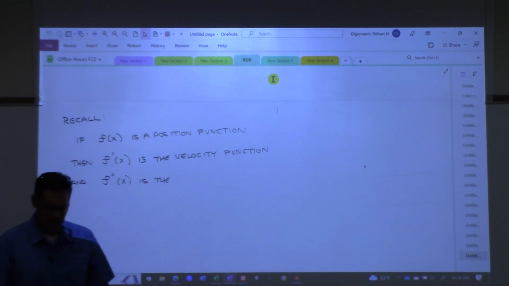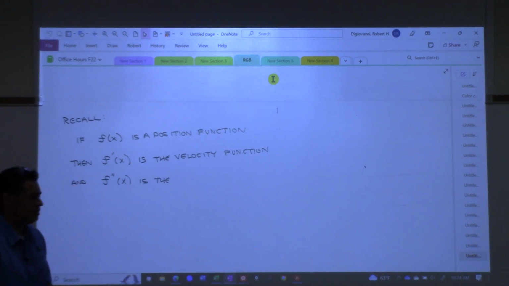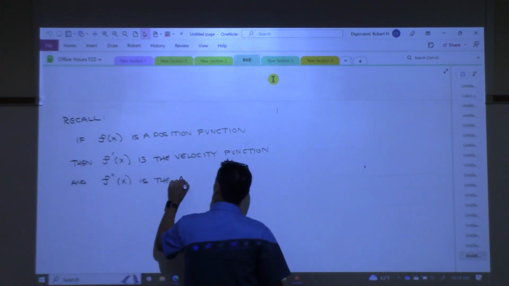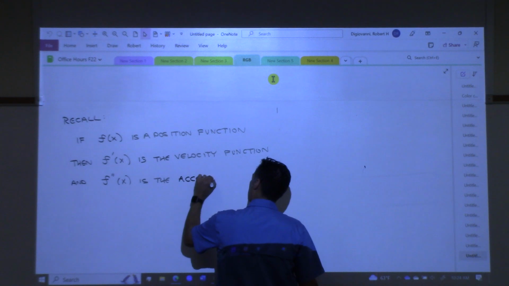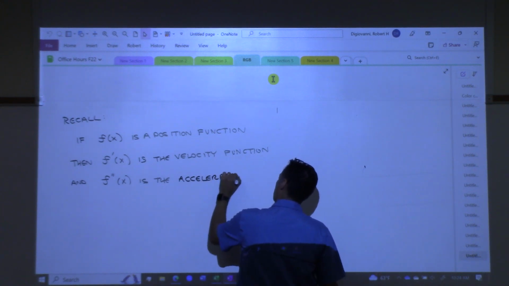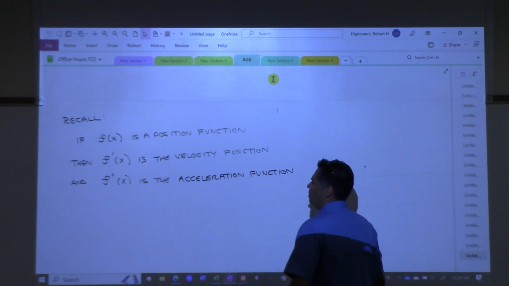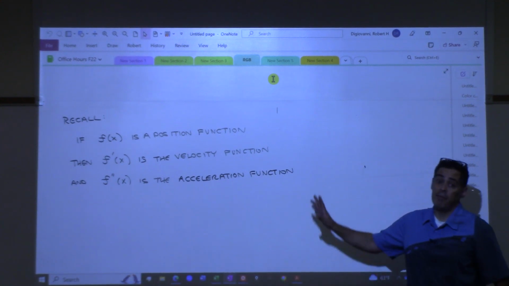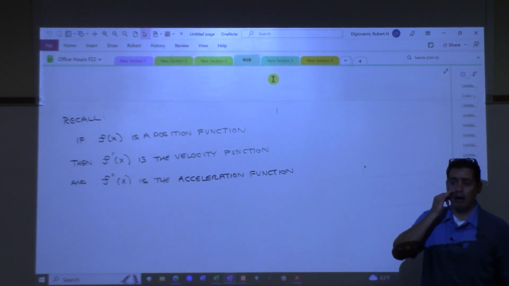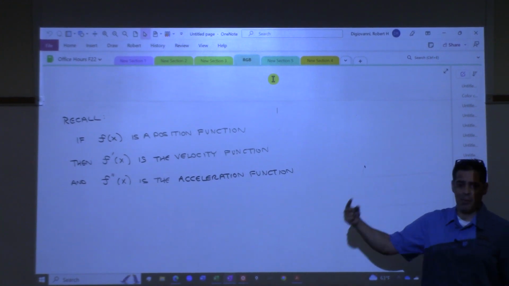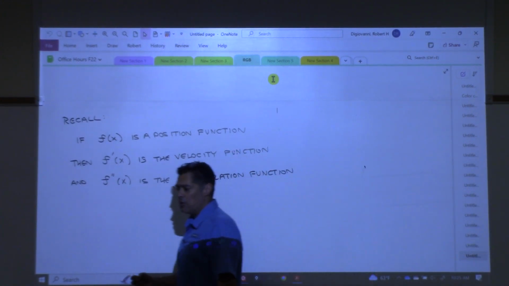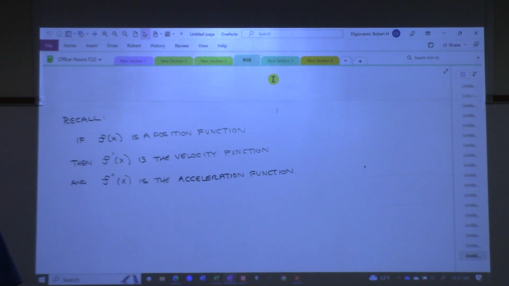I feel like we did. Acceleration. Good. Right, this is a big takeaway from Cal 1. You have to know this. If you're given a position function, the first derivative gives you the velocity function. The second derivative gives you the acceleration function.